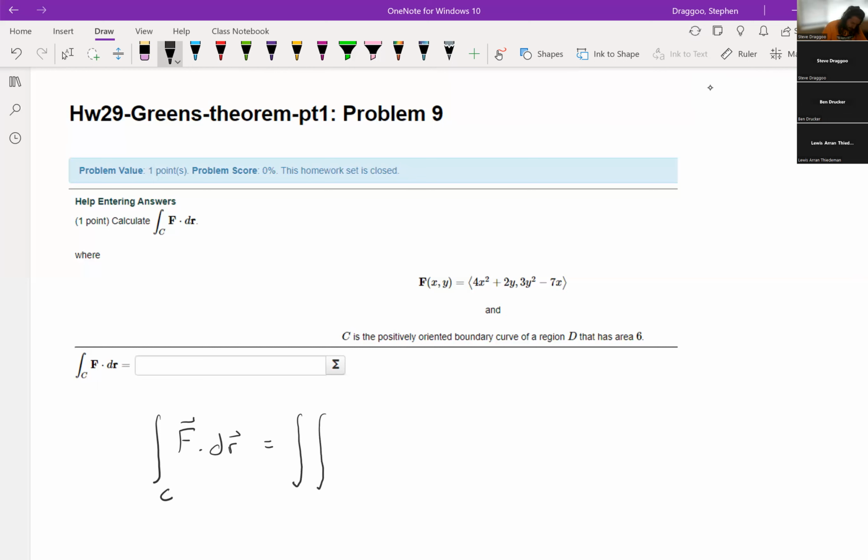It is equal to the double integral over the 2D region D of Q partial x minus P partial y dA. So that's our Green's theorem statement.